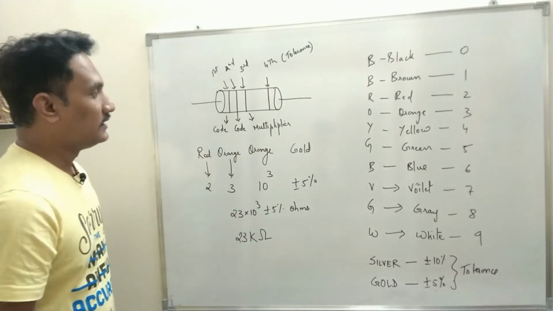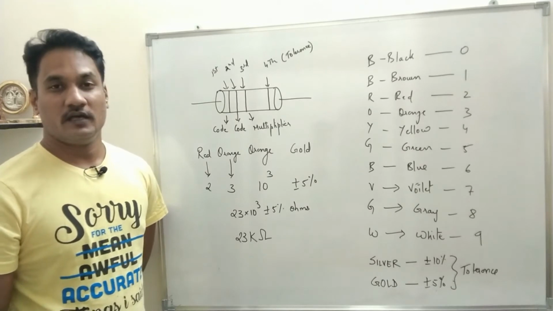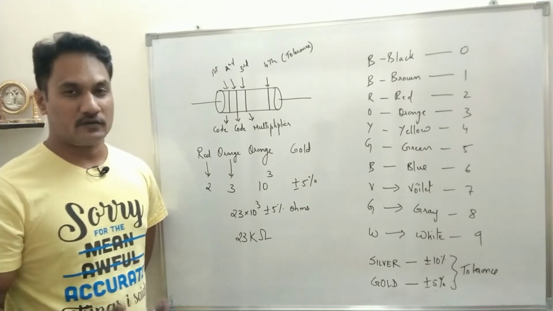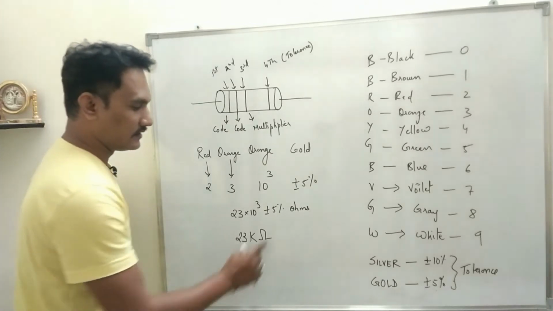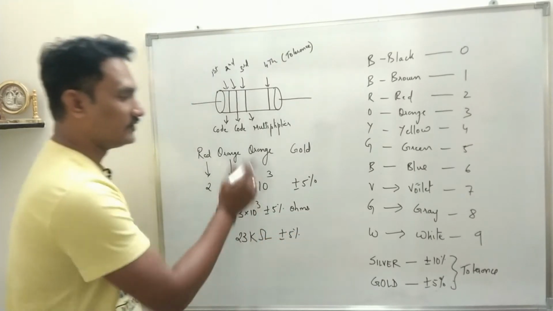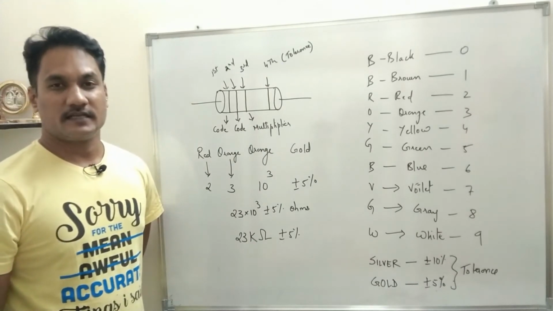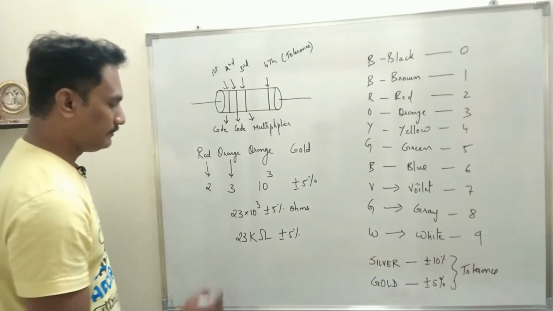So this is how by using color code we have to calculate the value of resistance. There will be variation of plus minus 5% if the fourth band is gold. Let us take one more example.